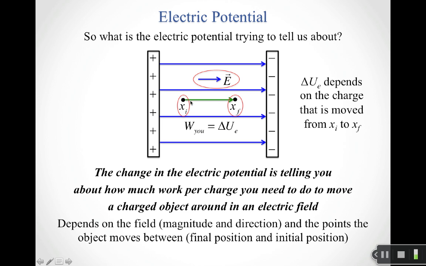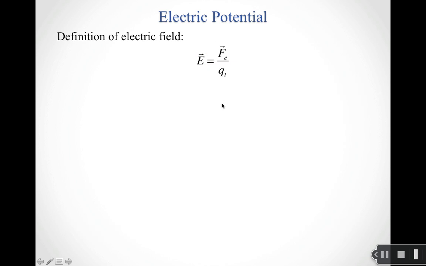It says I don't want to care about the charge I'm moving around. I just want to think about how, as I move around in space in a particular electric field, the work that I do per charge changes.